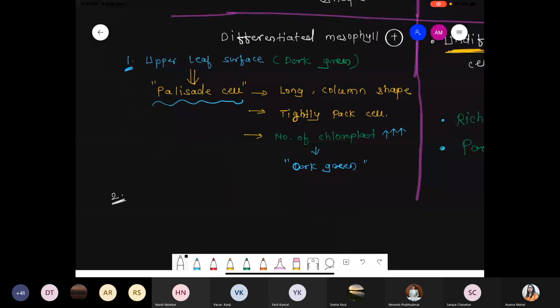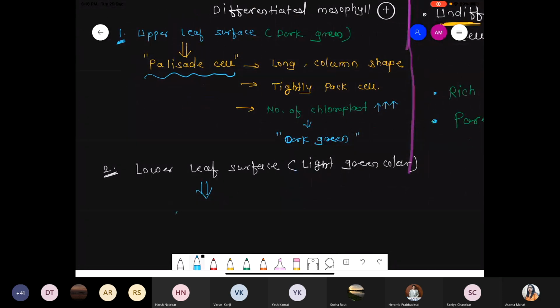The second type is towards the lower leaf surface, and we already discussed that the lower leaf surface is quite faint. It is quite light in color, so basically it has a light green color. The tissue present toward the lower leaf surface is called the spongy tissue, and these cells are called spongy cells. From the name we can tell, spongy means what?